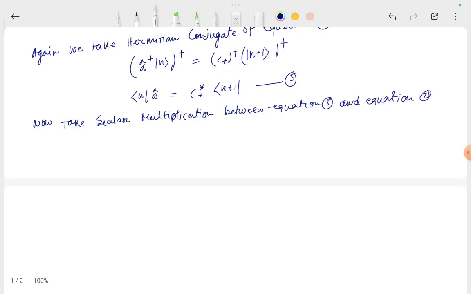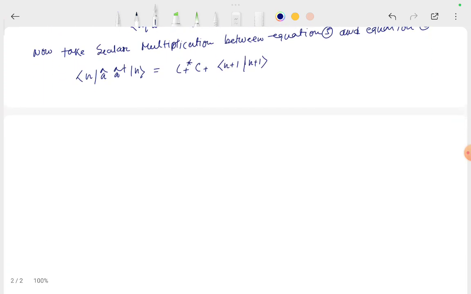Okay, so we get <n|a dagger a... <n|a a dagger|n> equals c plus complex conjugate c plus <n plus 1|n plus 1>.